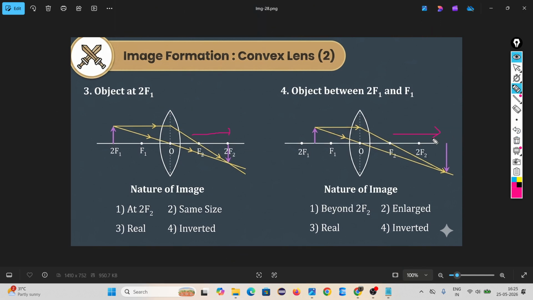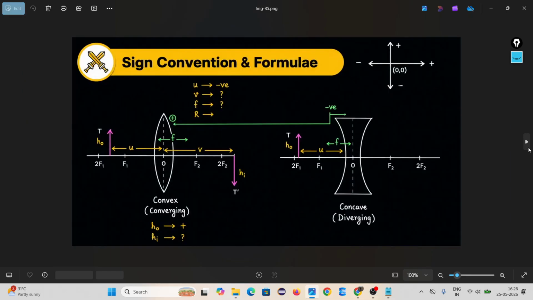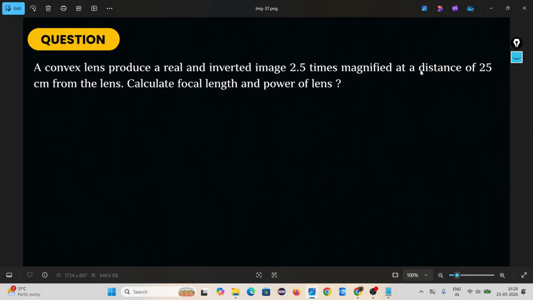Here also right hand side. In every case, the image is forming on the right hand side, except only one case, that is the sixth case. But in the sixth case, we will get a virtual and erect image. But here the question is giving real and inverted. That means it does not come under the sixth case.